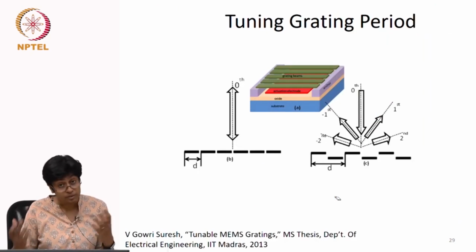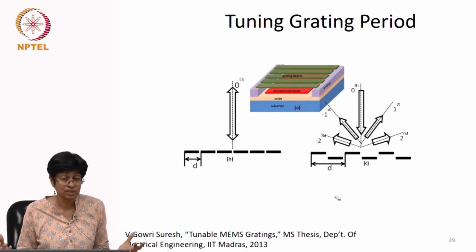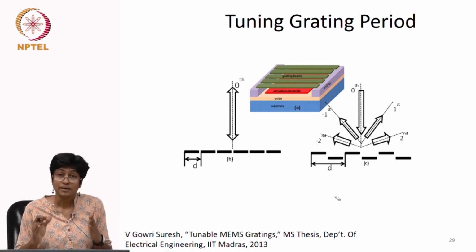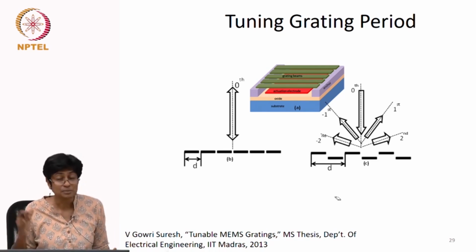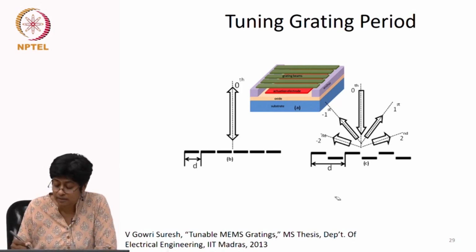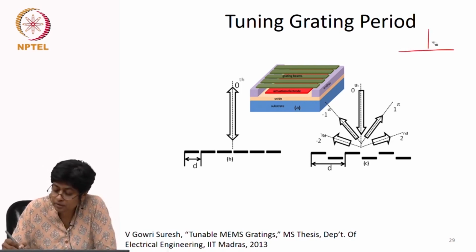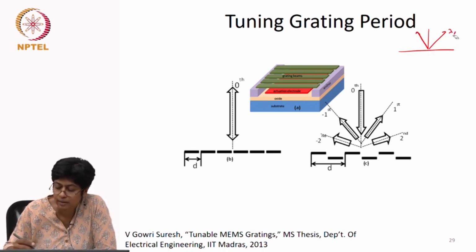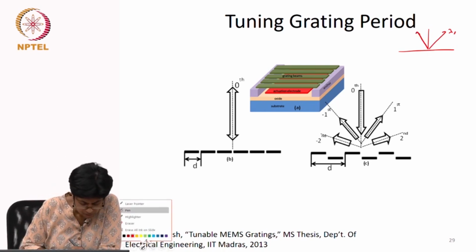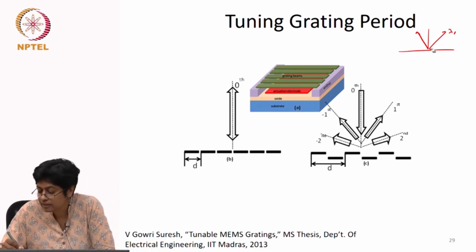So you can do a lot of funky things with gratings. Gratings are used in spectrometers because, recollect, every expression that we have arrived at has been arrived at for one wavelength, and that means I will get a number, the first order, minus first order. This is for lambda 1, but if I have now a second wavelength incident, maybe that lambda would go here.